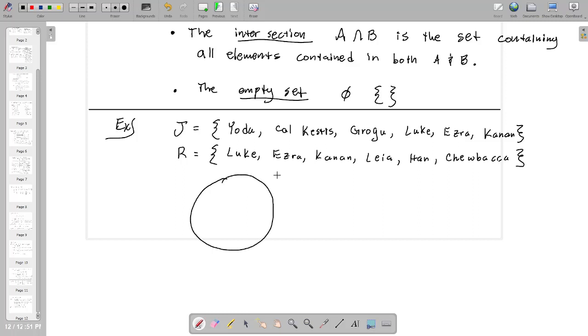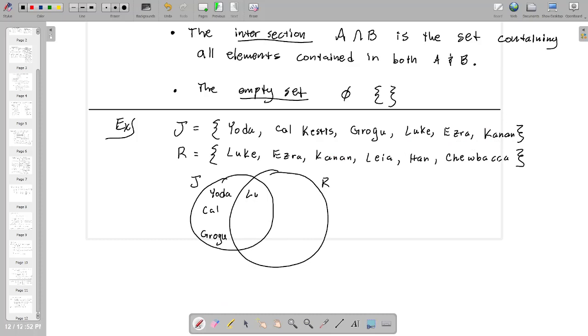Now let me go ahead and draw out what these are. If this is the set J and this is the set R, then we have Yoda here, who is a Jedi, is in the set J, but not in the set R. So he's going to be in the section not within the intersection between the two. We have Cal Kestis. I'm just going to write Cal and Grogu. And then the elements that are in both of these sets are Luke, Ezra, and Kanan.